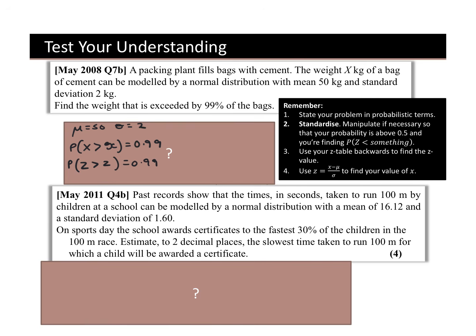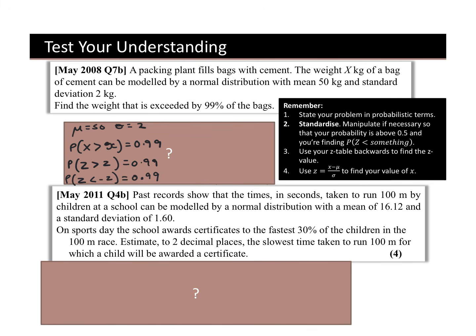We can't do that. Okay? Because our table isn't greater than. So we have to do the probability of Z being less than negative z of 0.99. Okay? We could do 1 minus, but still 0.01 we don't have on here.